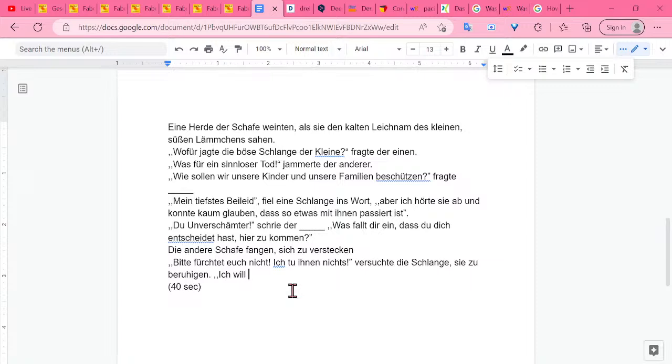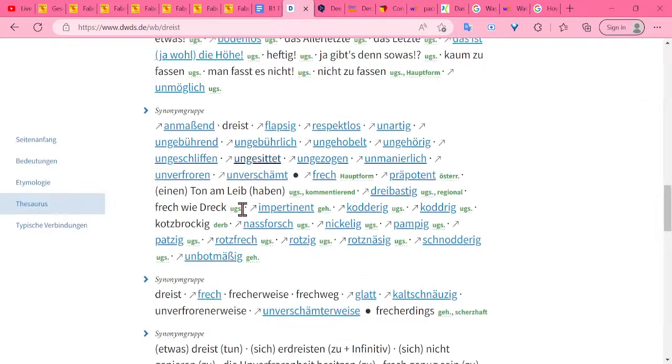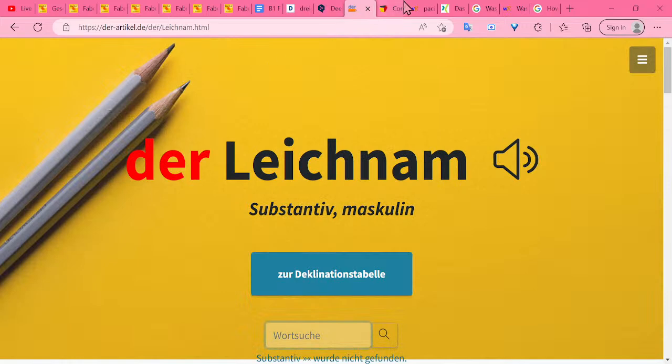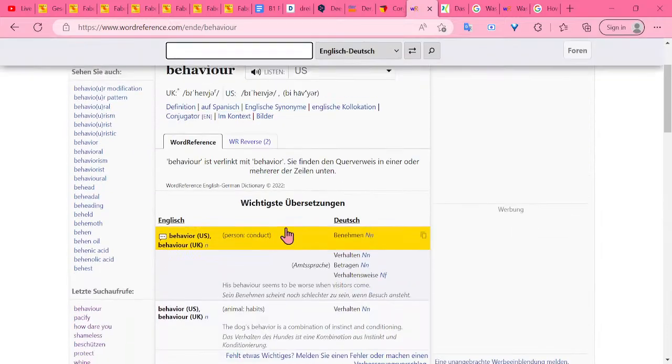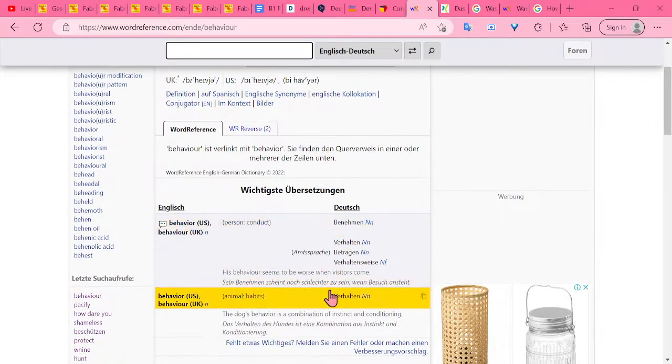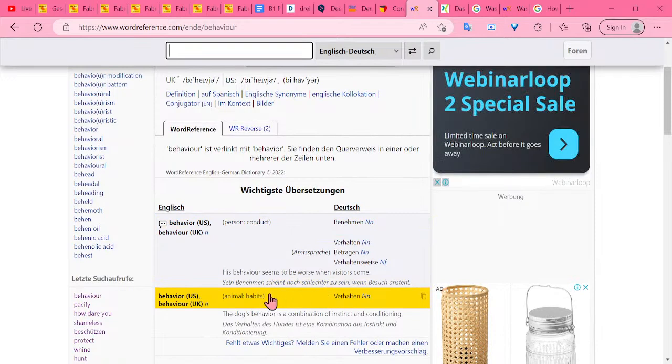I would like to apologize on behalf of, right? Ich will mich entschuldigen. Ich will mich wegen, something, the behavior, benehmen. I'm not sure. Let me check. Behavior. Benehmen. I was right. Now, would an animal use Verhalten?